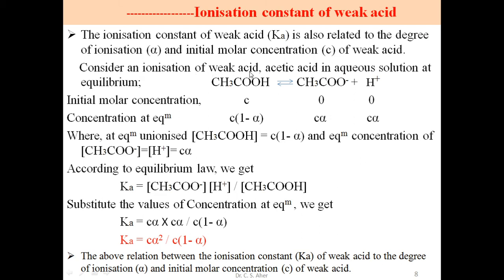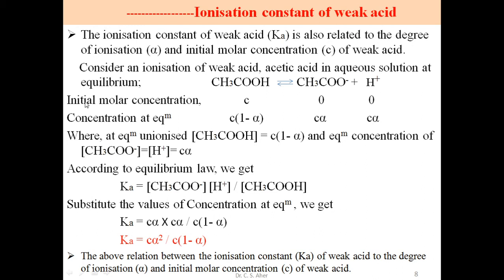Consider the ionization of weak acid, acetic acid, in aqueous solution at equilibrium. So we have this equilibrium reaction for acetic acid. This acetic acid at equilibrium produces acetate ion plus proton or H plus. So here water is in excess. We consider this reaction in aqueous solution.